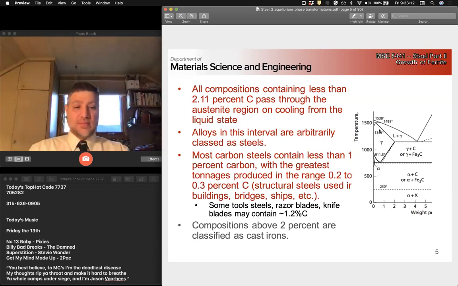I'm not going to get too far into that. I'll let Professor Fink cover that in great detail next semester with weld metallurgy.